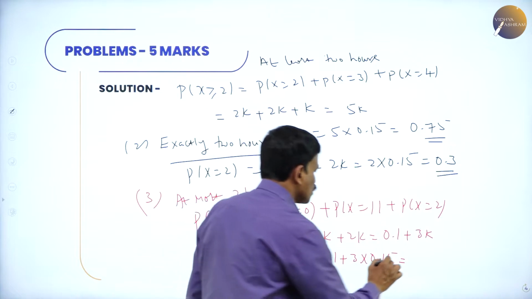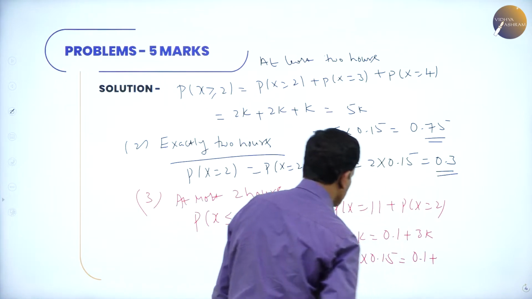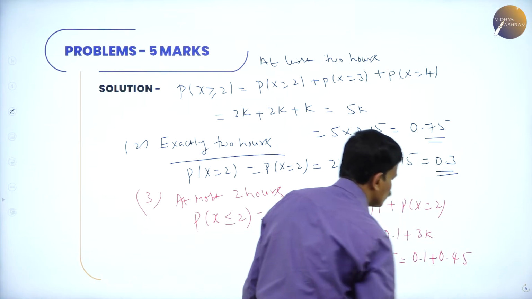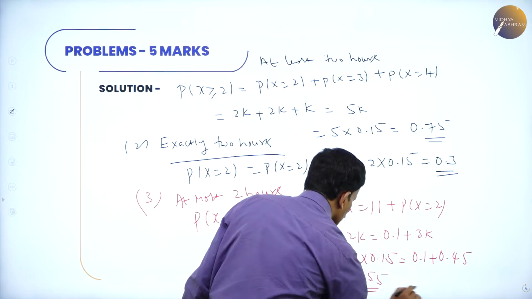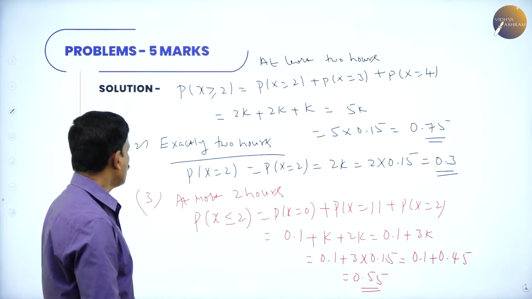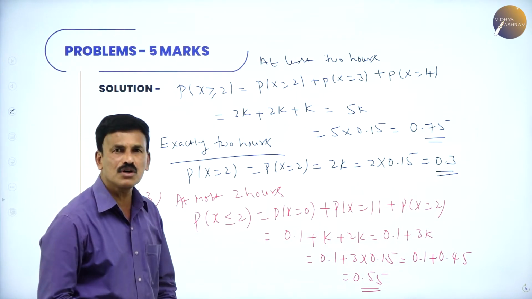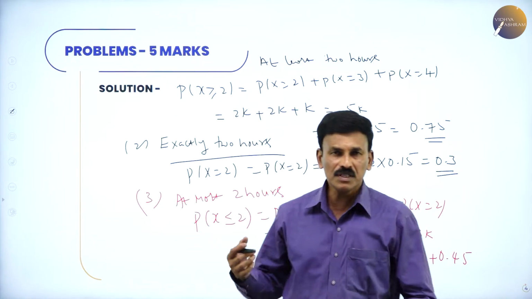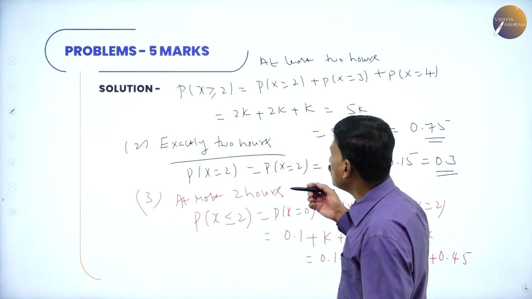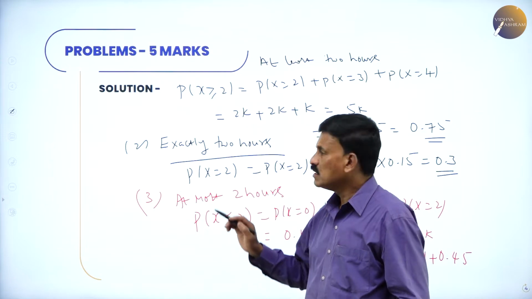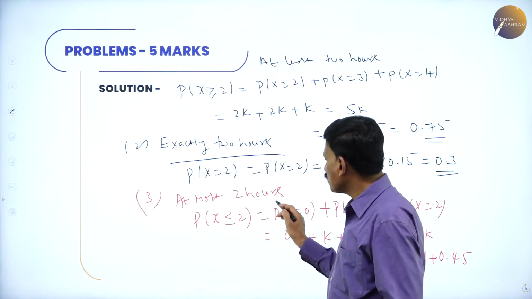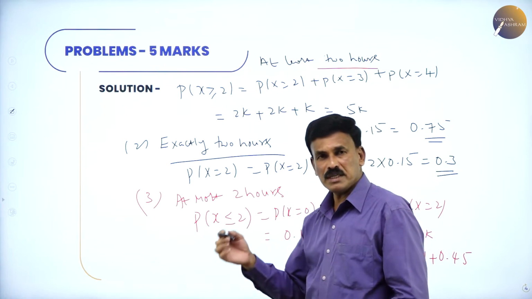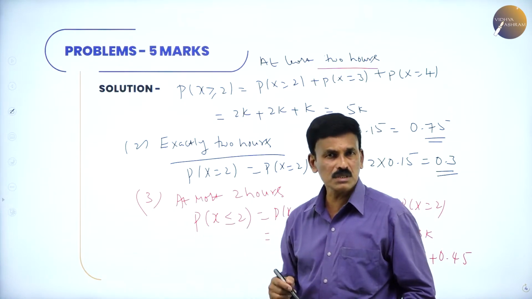Simplify this. 0.1 plus 0.45 is 0.55. So, the probability of at most 2 hours is 0.55. That's it. This is how we are going to solve. Anyway, this is a very important problem. In the examination, they may ask any one, either exactly 2 hours or at most 2 hours or at least 2 hours. So, depending upon the condition, you have to solve this problem, right?